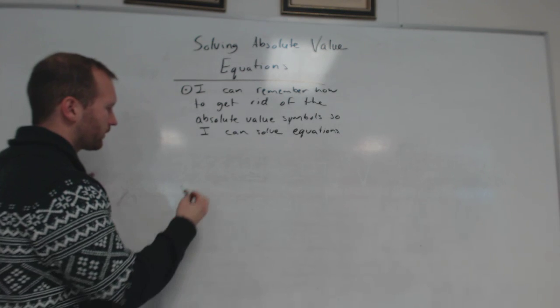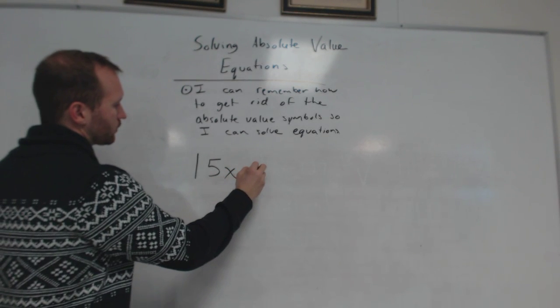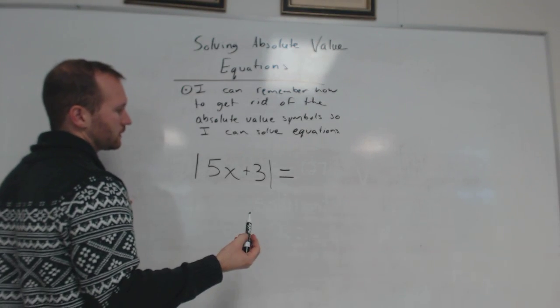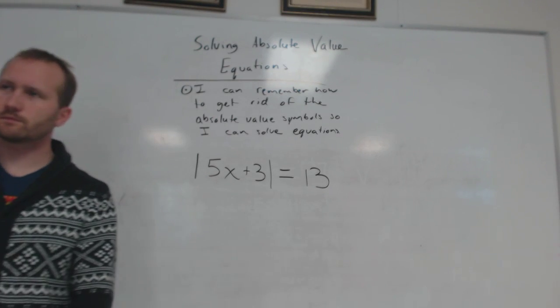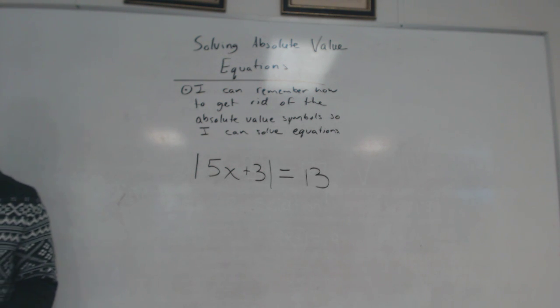All right, let's do another one. The absolute value of 5x plus 3 equals 13. Okay, what's my first step?